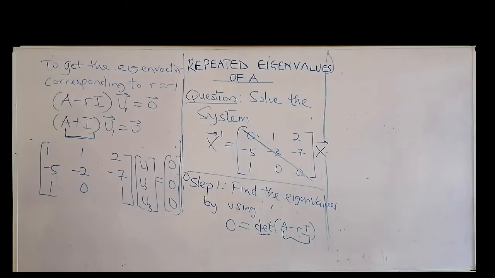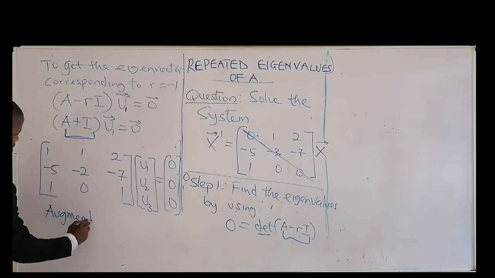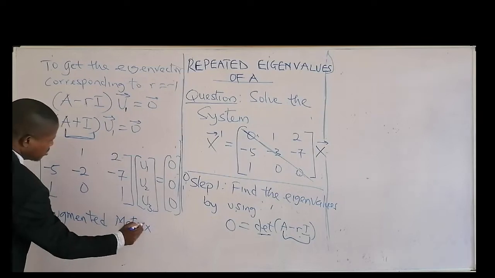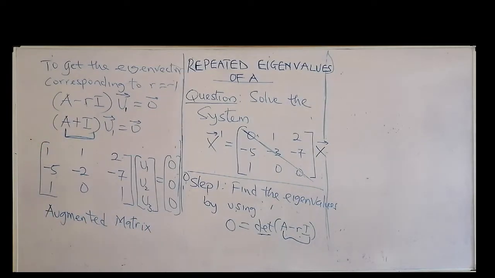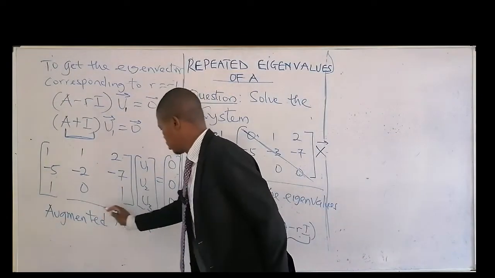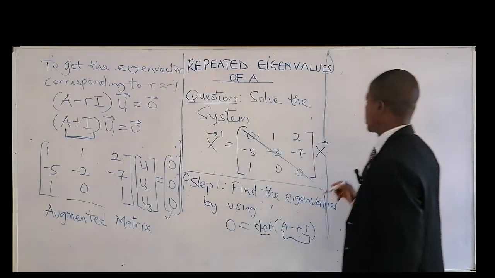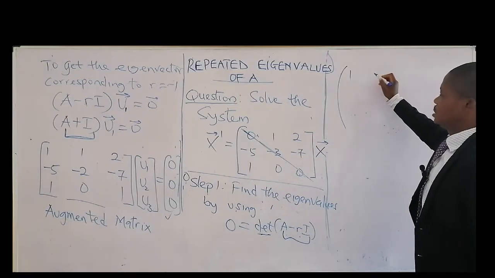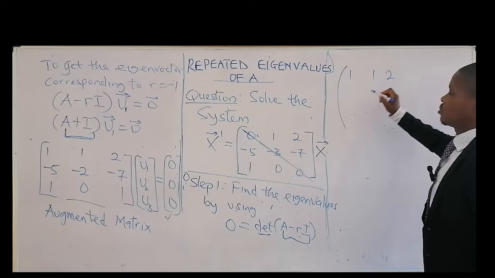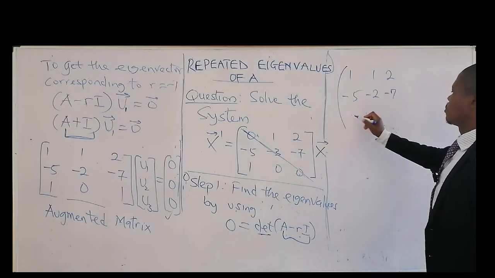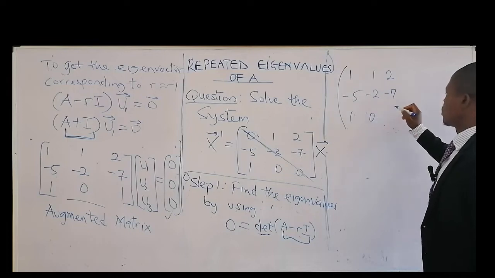The next thing to do now is to do the augmented matrix. And that will be a combination of this one and this one. So we now have 1, 1, 2, minus 5, minus 2, minus 7, 1, 0, 1.